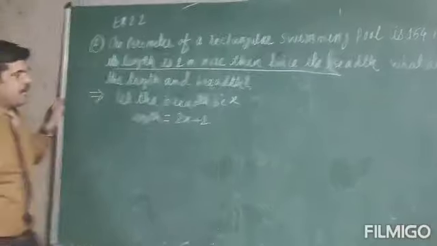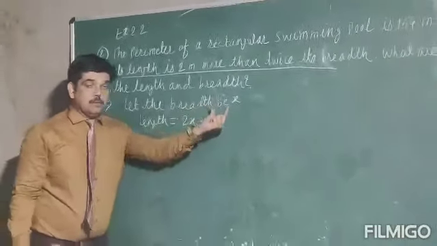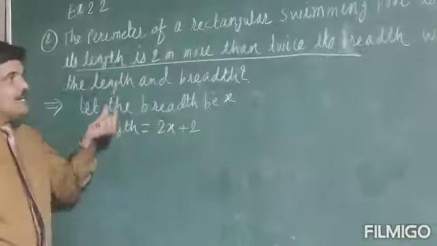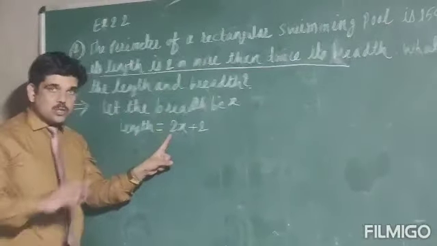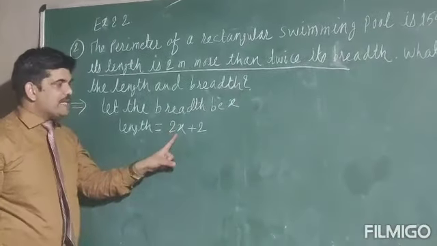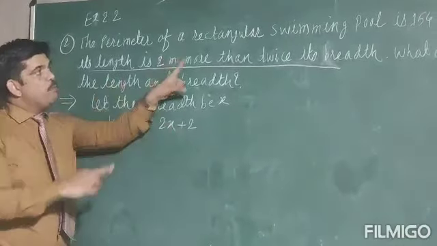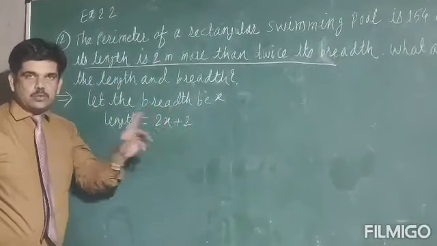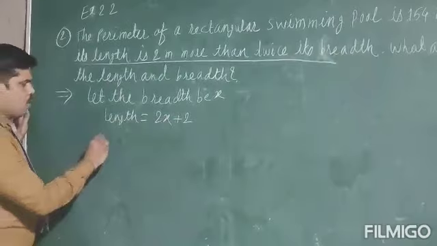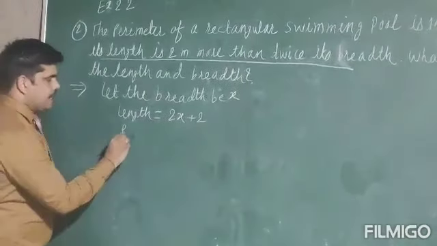This is a very important part. We consider the breadth is x. So length is twice it is told. So 2x, twice of breadth, that's why 2x, and 2 more, that's why plus 2. I hope you are clear with this. Now, what is the perimeter of rectangle?